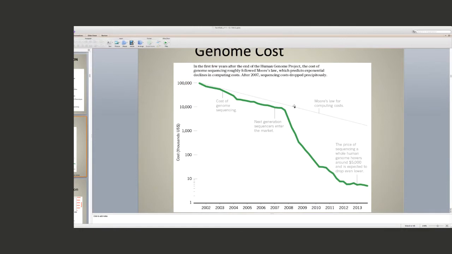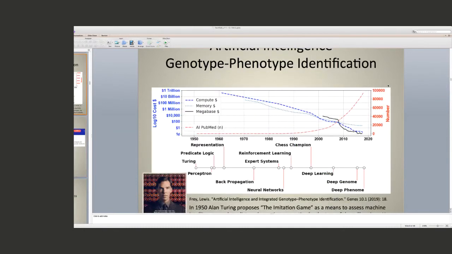So we now have cell phones that we carry around that are little computers, incredibly powerful compared to the computers of yesteryear. The genome was tracking at that same rate, and then it just completely fell off. So we're down into the range of the $1,000 genome, and this is becoming accessible broadly for clinical care.